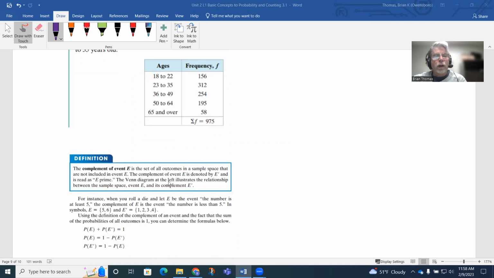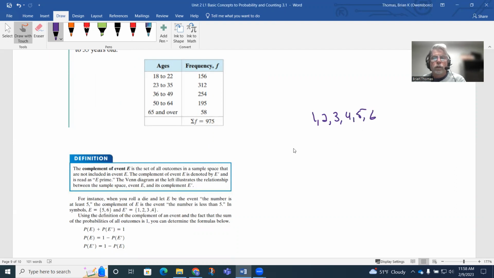The Venn diagram shows the relationship between the sample space and E and its complement E prime. So in a sample space, I could have a die: 1, 2, 3, 4, 5, 6.